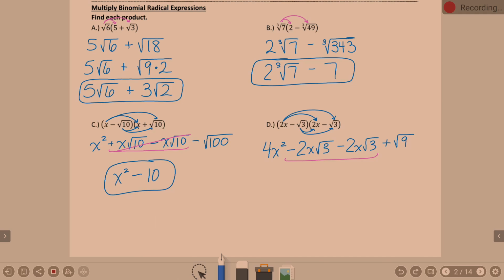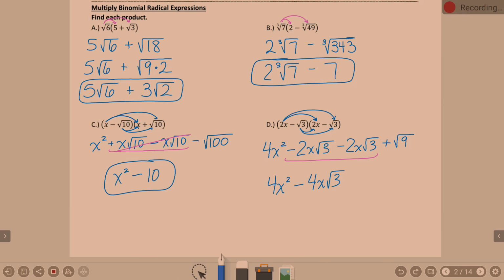So I'm going to keep my 4x squared out front. What is negative 2x square root of 3 minus 2x square root of 3? Think of them as like terms. They both have a square root of 3. They both have an x. So what's negative 2 minus 2? Negative 4. So this is going to be minus 4x square root of 3, because it's just negative 2x minus 2x.